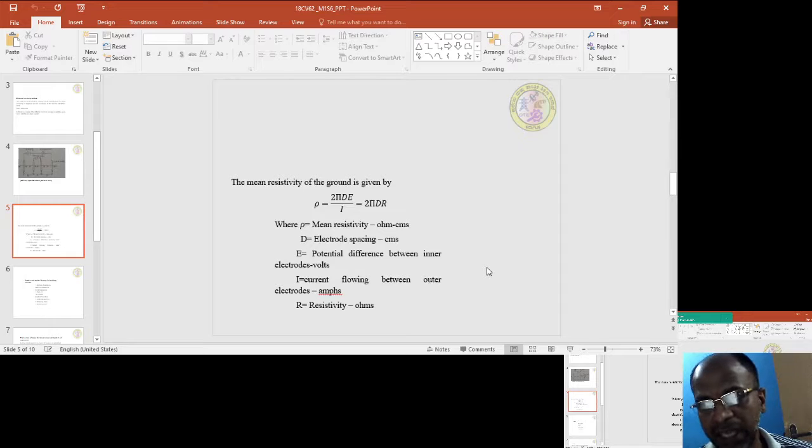The value of E by I can also be written as R, where R is the resistance in ohms.